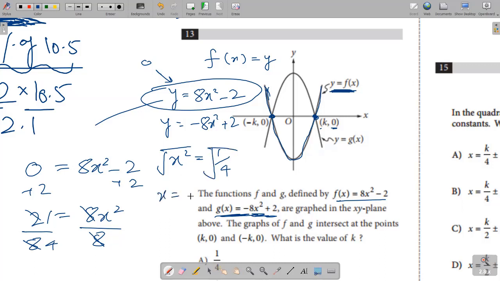You get x equals the square root of 1, which is 1, over the square root of 4, which is 2. But you have to take positive as well as negative, because you can take positive 1/2 or negative 1/2. So the two values are x equals 1/2 and x equals negative 1/2. So the value of k is 1 over 2.